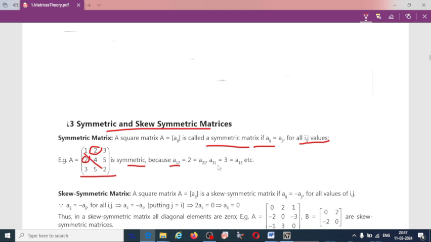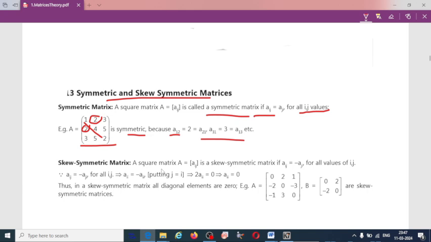So A31 is equal to 3, A13. So above and below diagonal elements are the same here. This is a symmetric matrix, a square matrix, and you should remember for a symmetric matrix Aij equal to Aji.